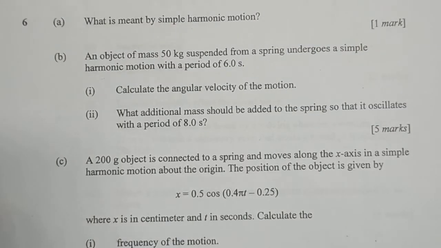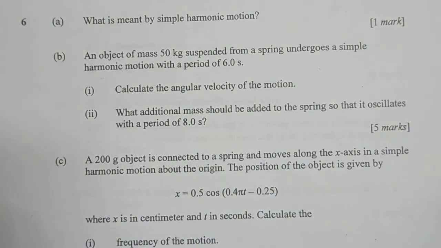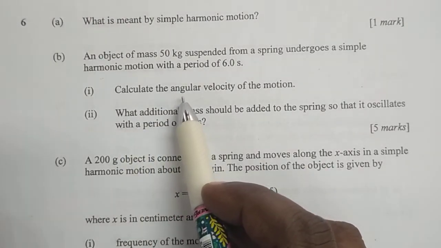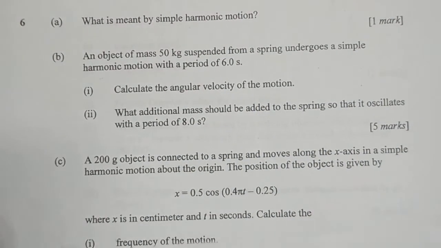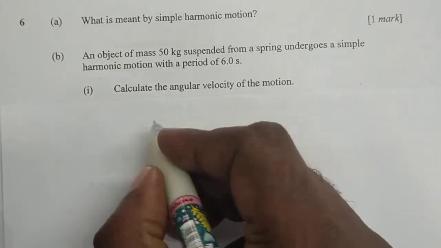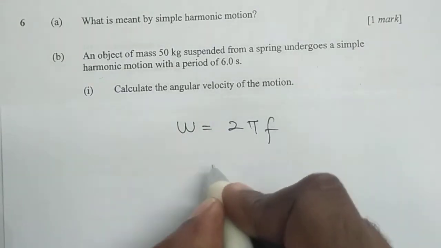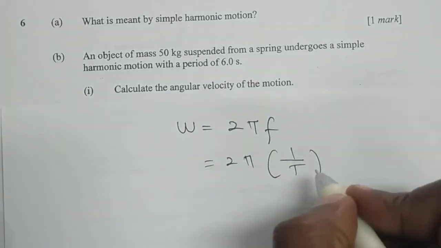For section B, an object of mass 50 kg suspended from a spring undergoes a simple harmonic motion with a period of 6 seconds. Calculate the angular velocity of the motion. So the angular velocity of the motion can use omega equals 2 pi f, where f is 1 over period.